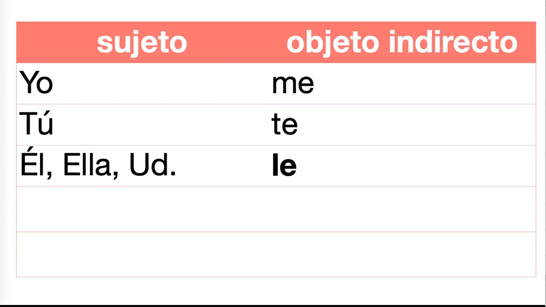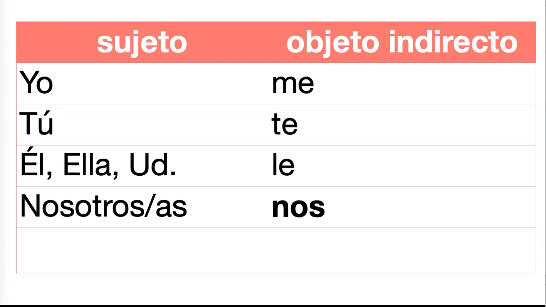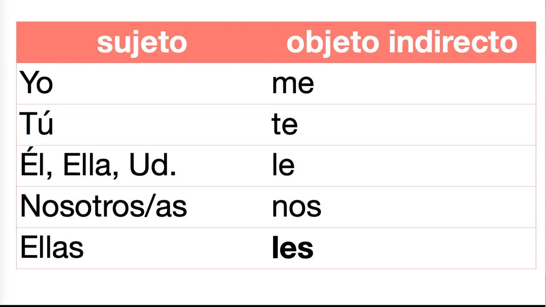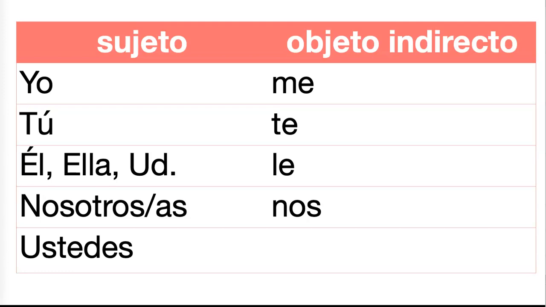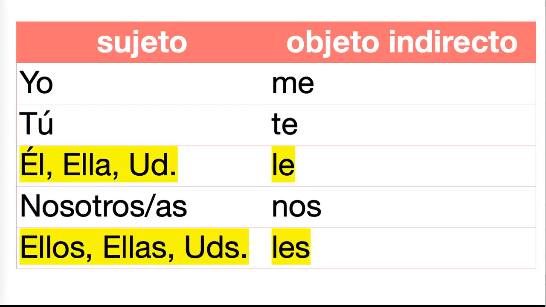So for él, ella, and usted, the indirect object pronoun is le. Nosotros or nosotras, nos. Ellos, les. Ellas, les. Ustedes, les. So again, for ellos, ellas, or ustedes, it's all les.